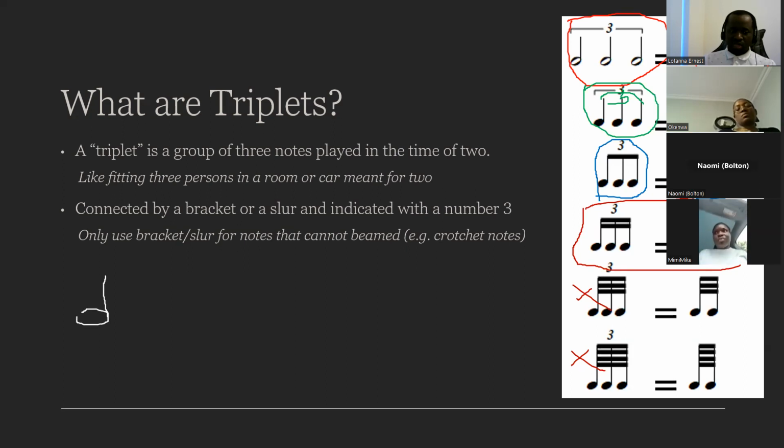So don't say triplets can only be 3 notes. They can even be 4 notes, 5 notes, as long as the value still sums up to 3 of the standard bits. And this can be a triplet.